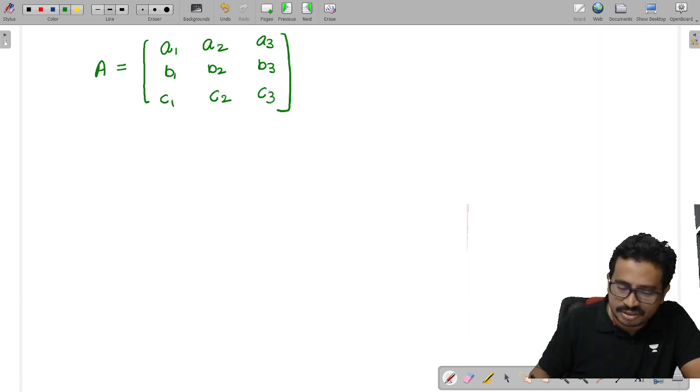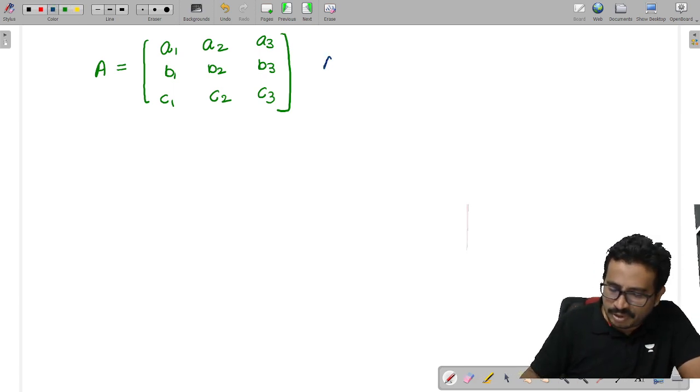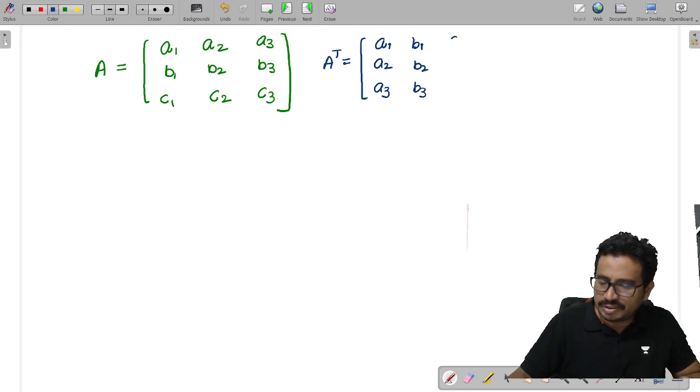This is the matrix given, and I have called it A. Now can you tell me the transpose of this matrix? This is a1, a2, a3, b1, b2, b3, c1, c2, c3.